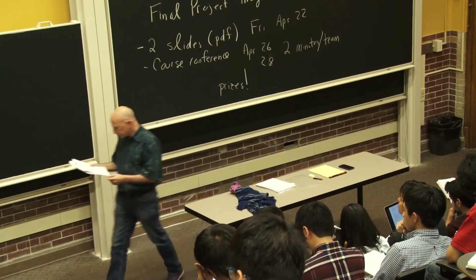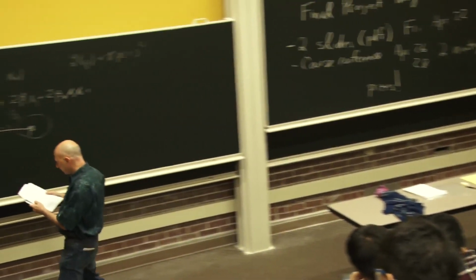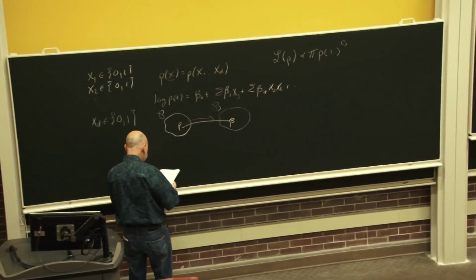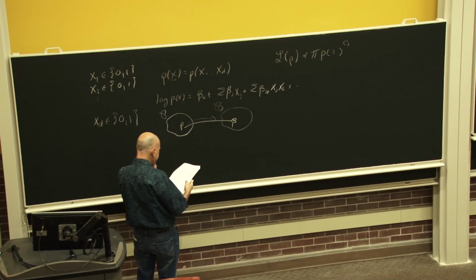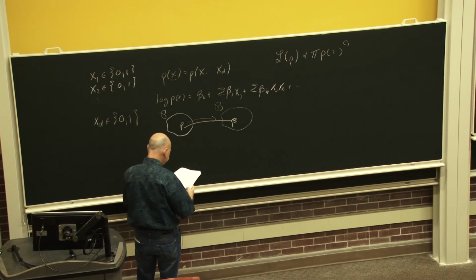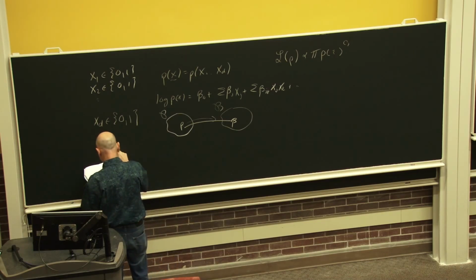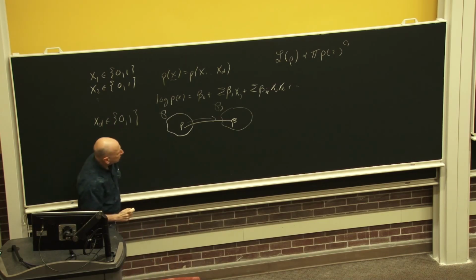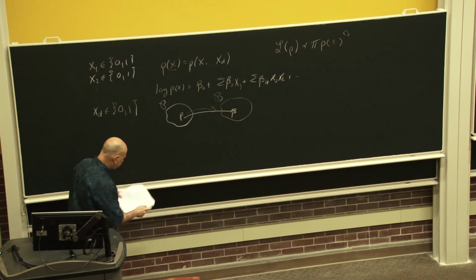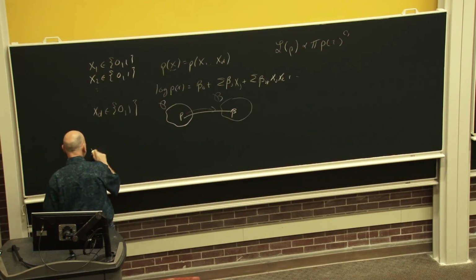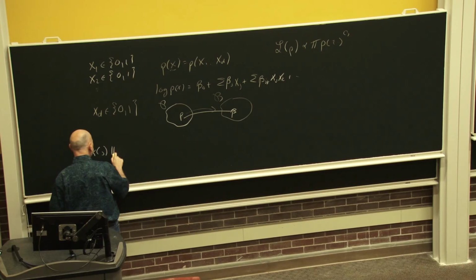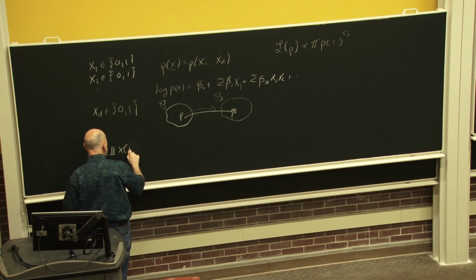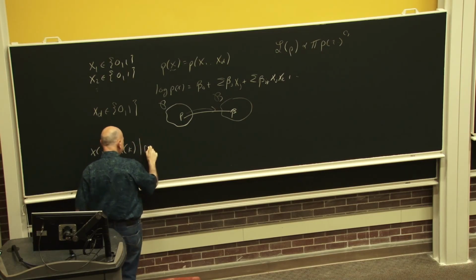And the answer is yes. This statement is in theorem 7, which is not hard to prove from this representation. But here's what it says, that xj is independent of xk given all the other variables.